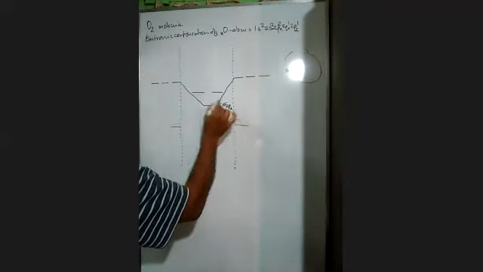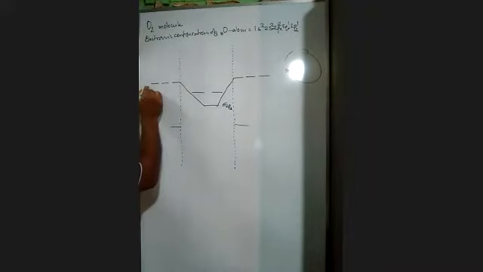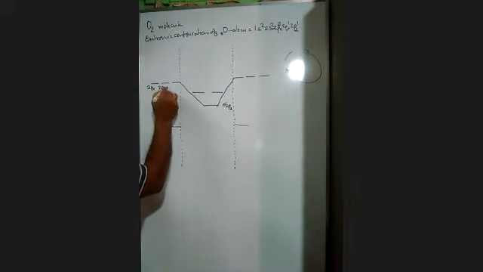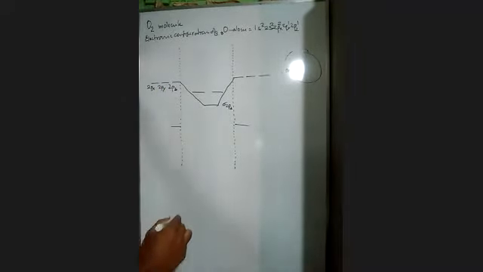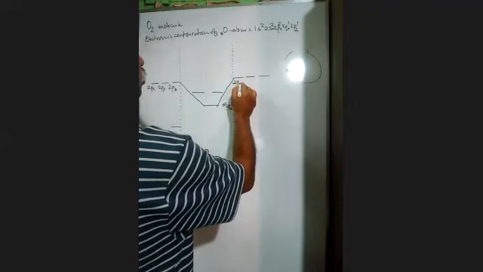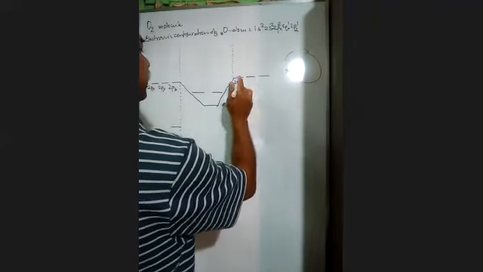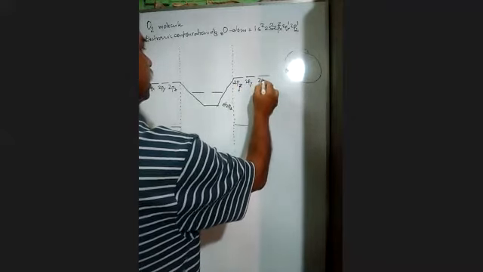Sigma 2pz is lower than pi 2px. So let me write here: 2px, 2py, 2pz, 2py, sorry, 2pz, 2py, 2px.